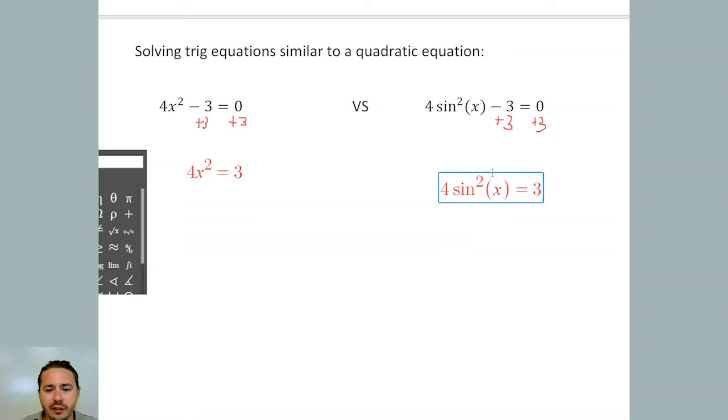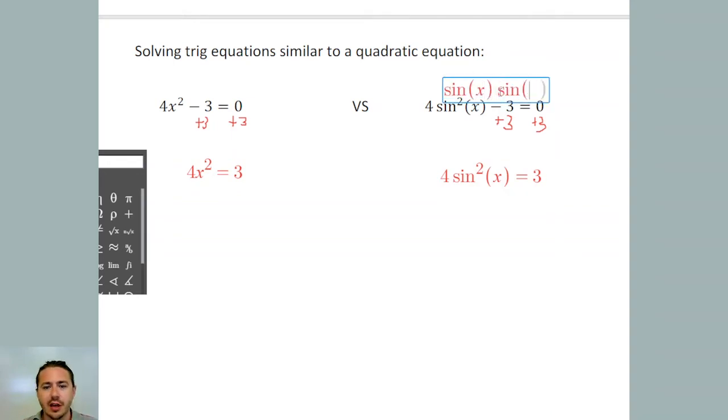By the way, I just want to mention this notation here. If you see sine squared or cosine squared, this is really saying sine x times sine x, where you're multiplying the sine x by itself. So it's kind of like saying x squared is x times x. Why is the exponent here rather than out here?